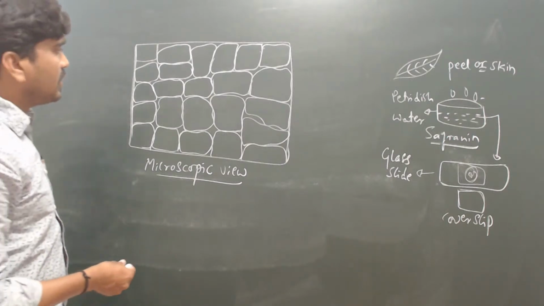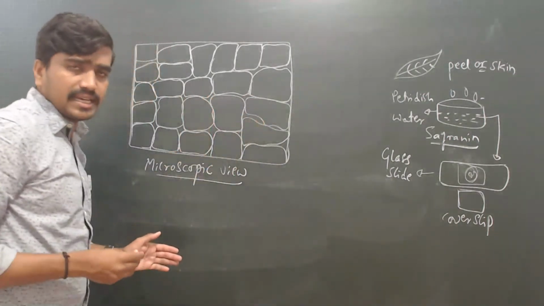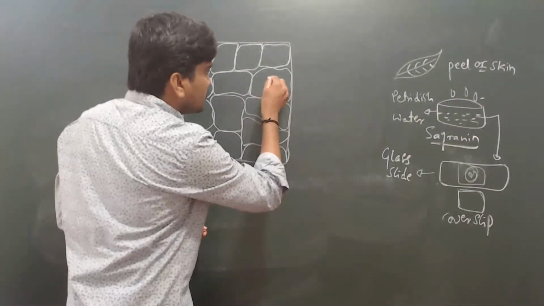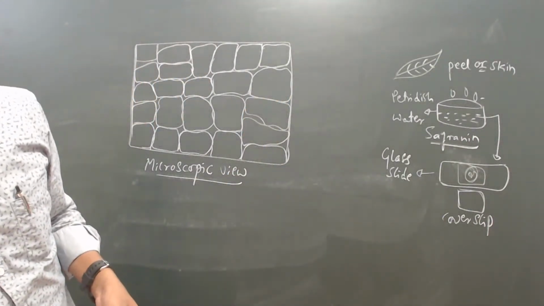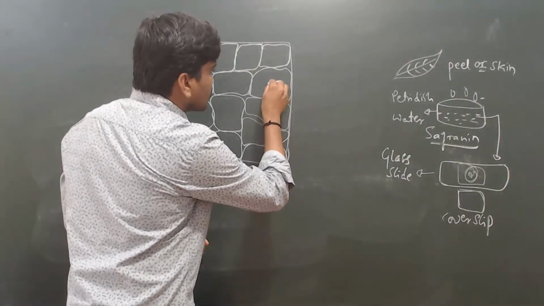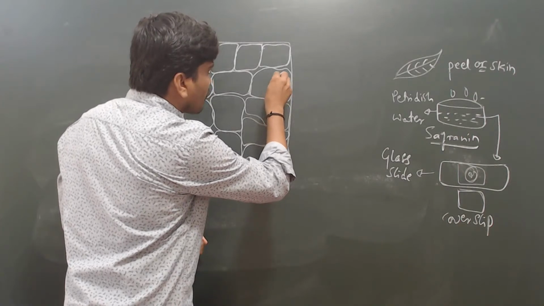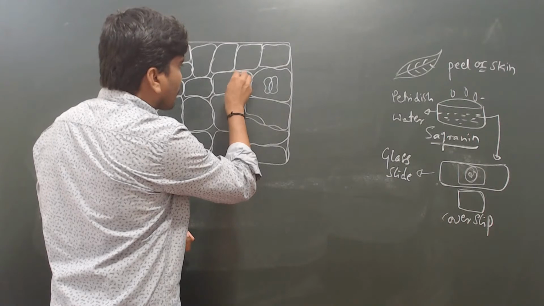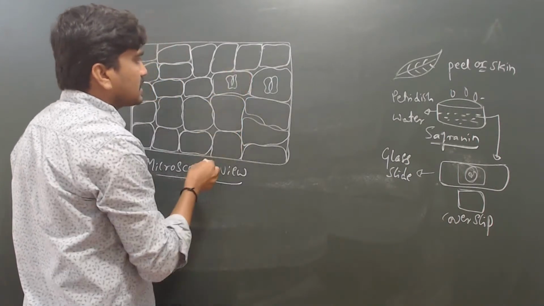Now, inside this, many cells are there. Each cell contains this structure. Just see, I will draw the structure here.